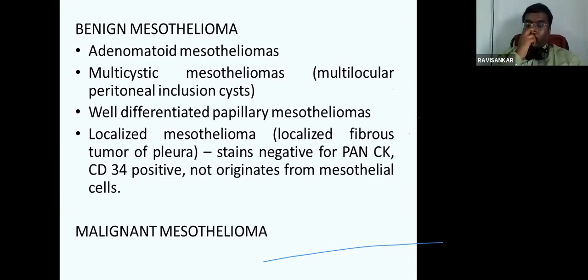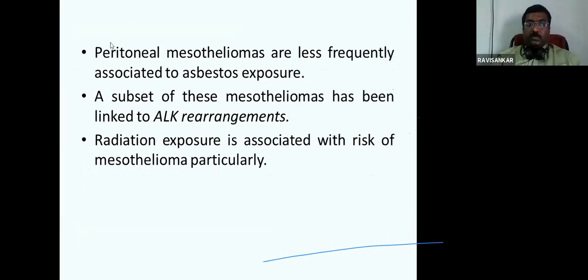Okay. But what we are concentrating is the malignant variant. So the peritoneal mesotheliomas are less frequently associated with the asbestos exposure. A subset of mesotheliomas are associated with ALK rearrangements.